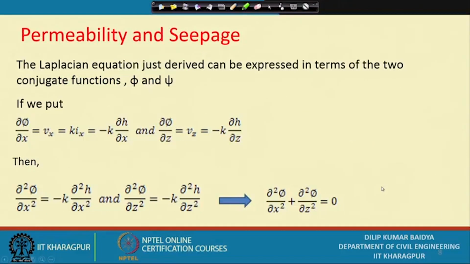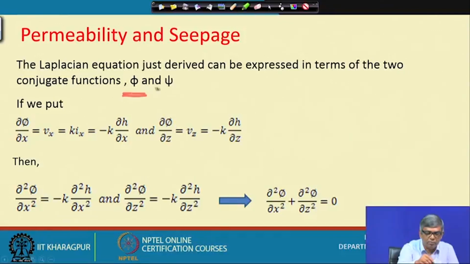So, that was the Laplace equation we have got, and that typical Laplace equation can be expressed in terms of 2 conjugate functions, one is phi and another is psi. Phi is the potential function and psi is the flow function.